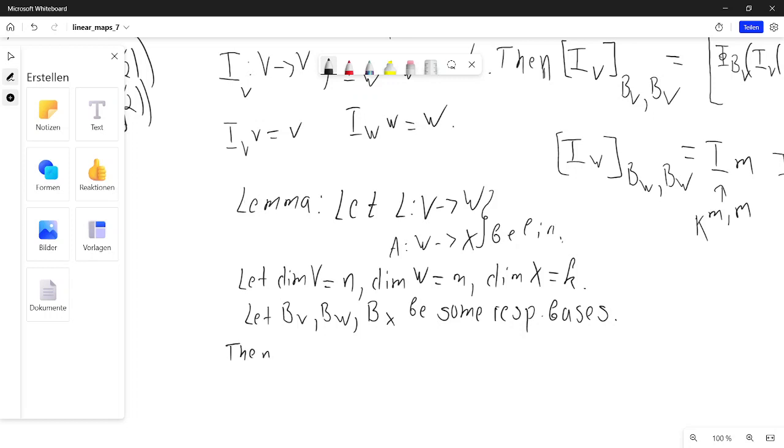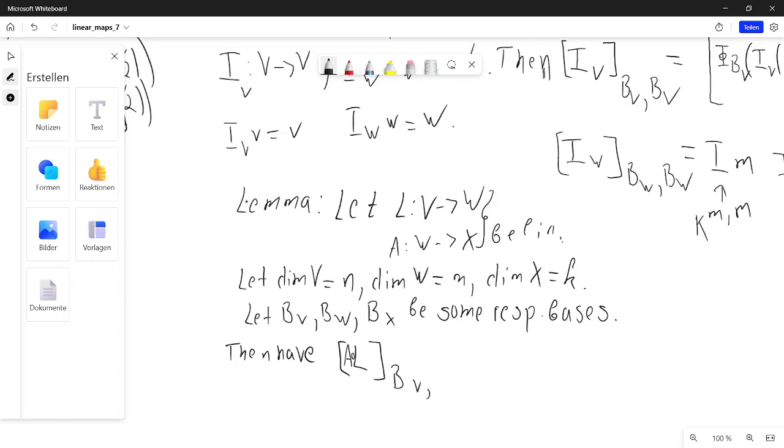Then what we have is that the composition of maps has the representation composition of matrices. That is, sorry, I mean, of course, A composed with L. So first we carry out L, and then we carry out A, right?